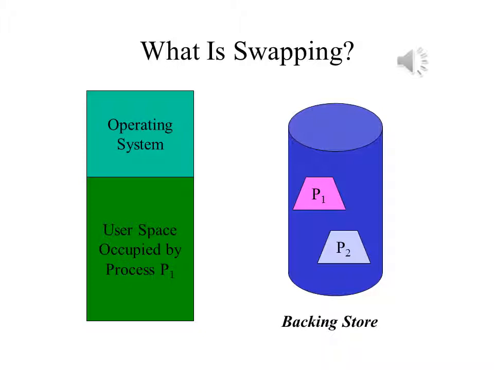The disk space on which they are stored is called backing store. Although most modern systems can store more than one process image in memory at a time, we will see soon that swapping is still used in memory management.